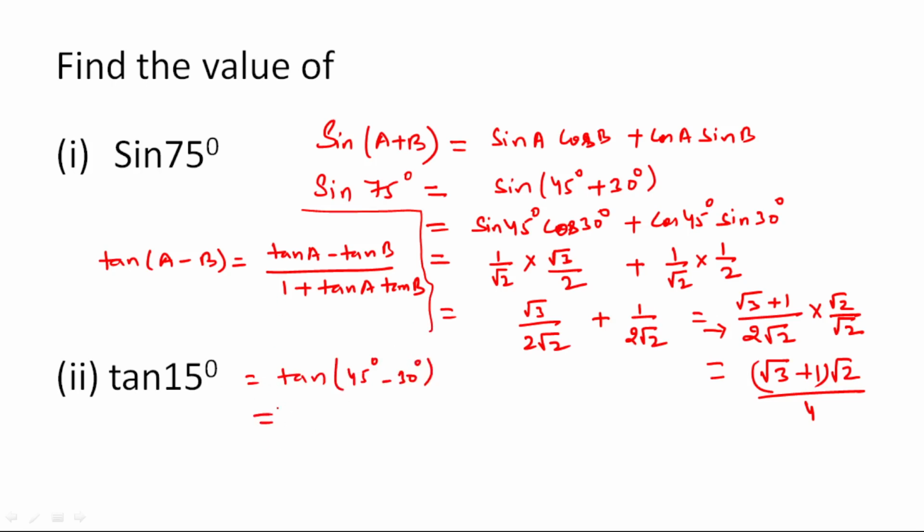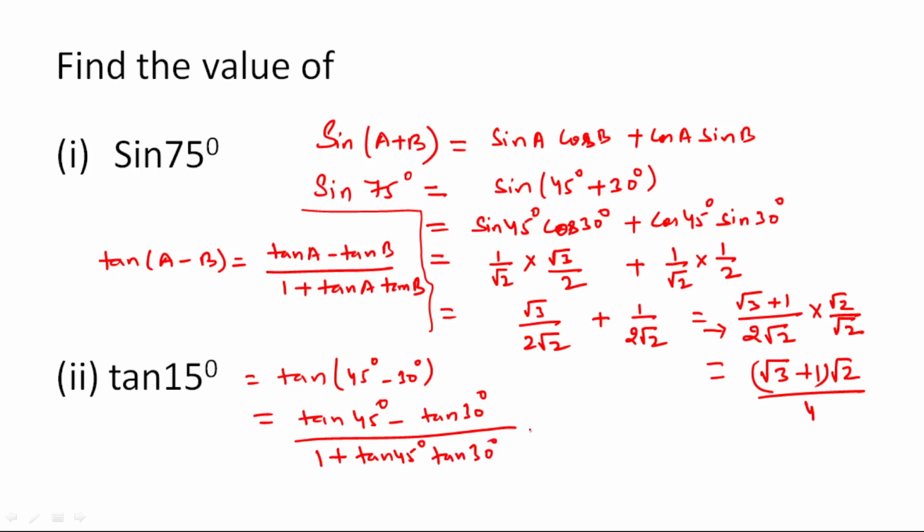Substituting in the formula, we write tan 45 degree minus tan 30 degree divided by 1 plus tan 45 degree and tan 30 degree.